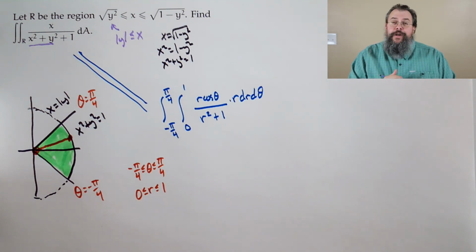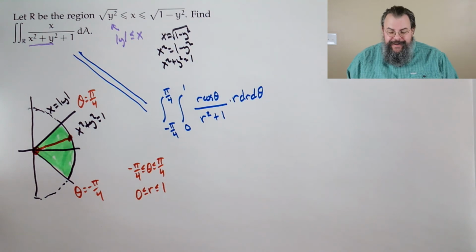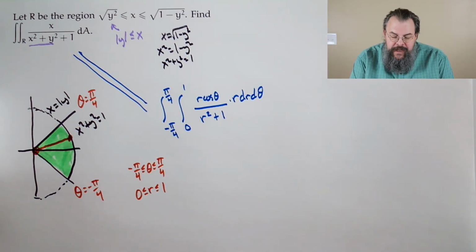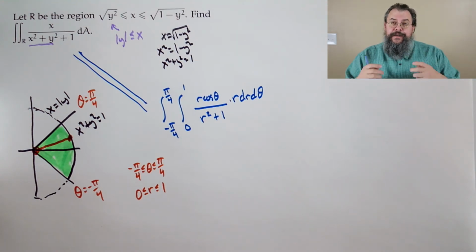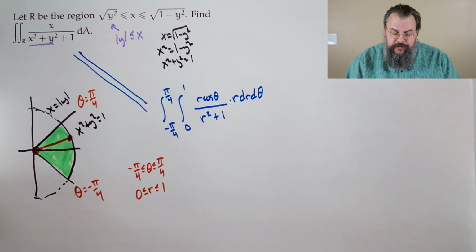But of course, we're not satisfied with just setting it up. We want to actually get the answer. In this case, the bounds are nice. They work with us, so we can really pull it into two integrals.